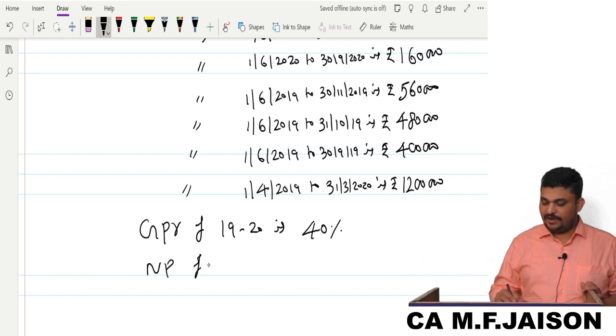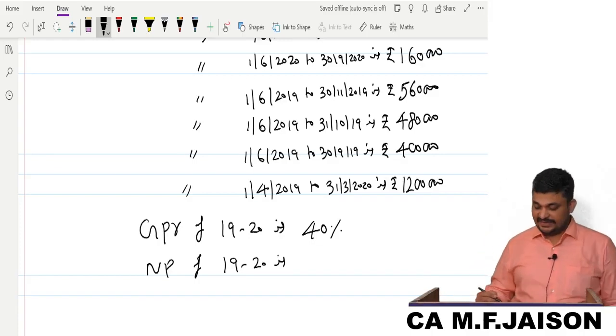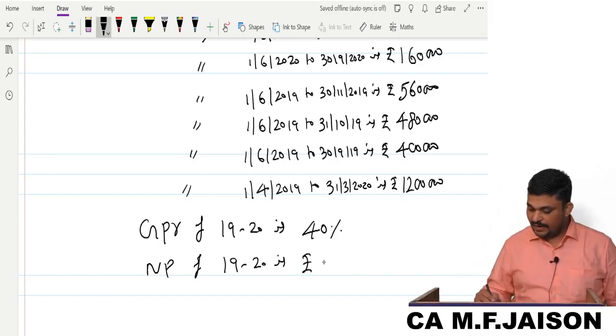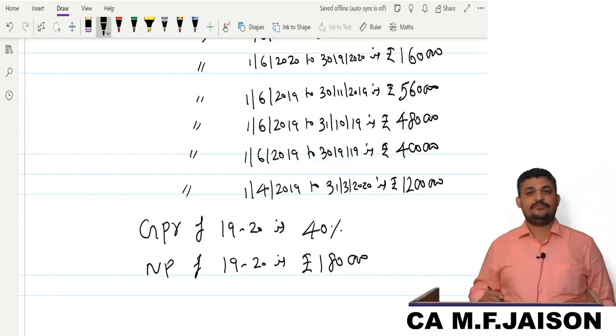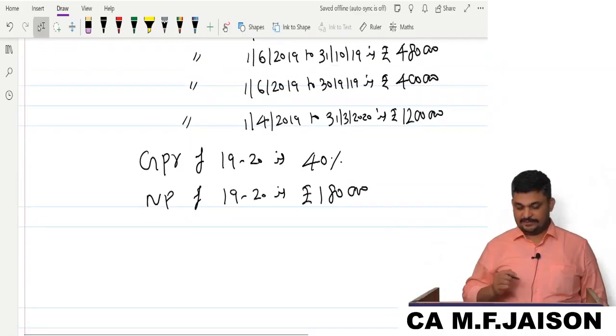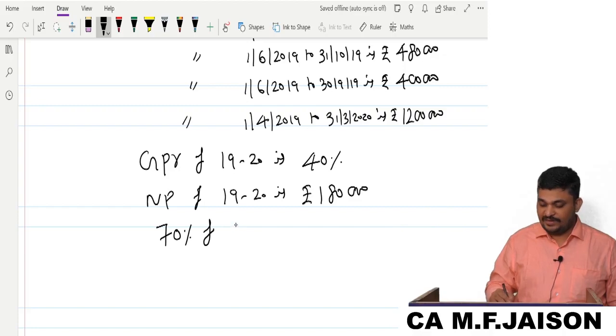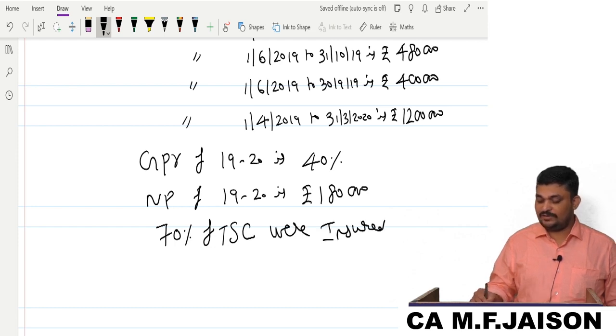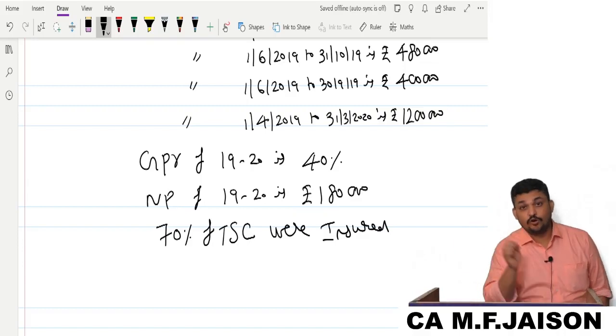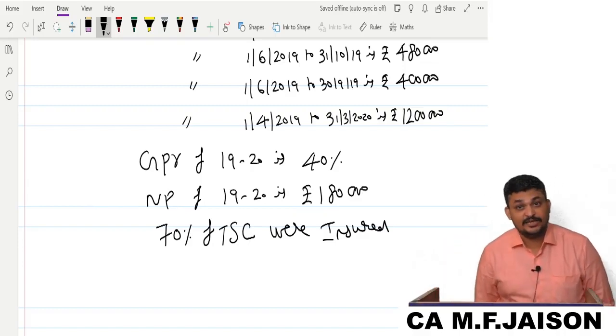Net profit of 2019-20 is rupees 1,80,000. Then 70% of total standing charges were insured.